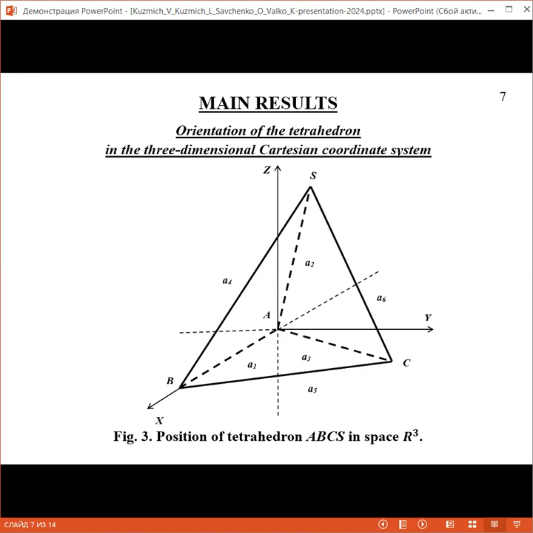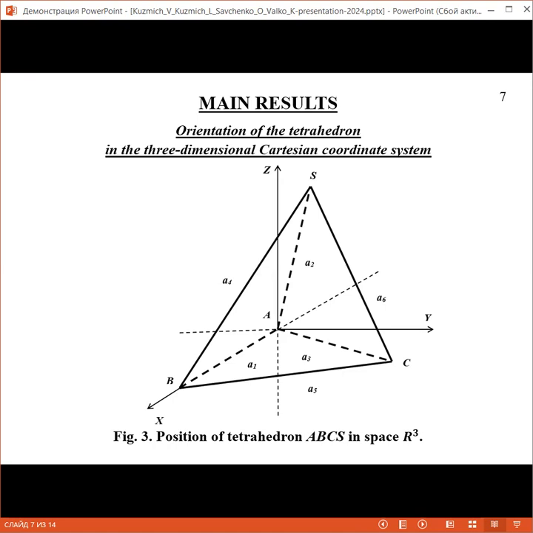To visualize the mutual location of 4 points A, B, C, S of metric space, the distances between which are known, let's build the corresponding tetrahedron ABCS in the dynamic geometric environment of GeoGebra 3D. We place vertex A in the center of the three-dimensional system of Cartesian rectangular coordinates, space R3, and vertex B on the positive semi-axis of the abscissa.